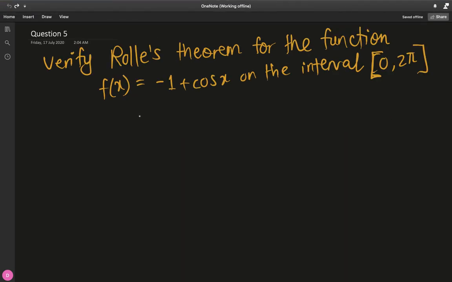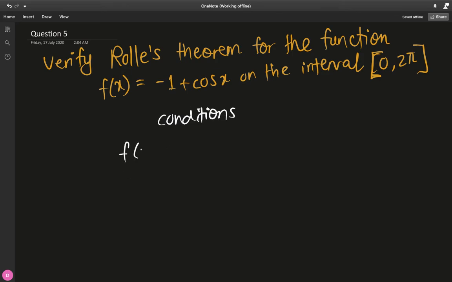Okay, so question number 5 is actually verifying Rolle's theorem for the function f of x is equal to cosine of x minus 1 on the interval 0 to 2 pi, both inclusive. So the first step for Rolle's theorem is to check the conditions, whether our given function and its derivative satisfy the conditions.